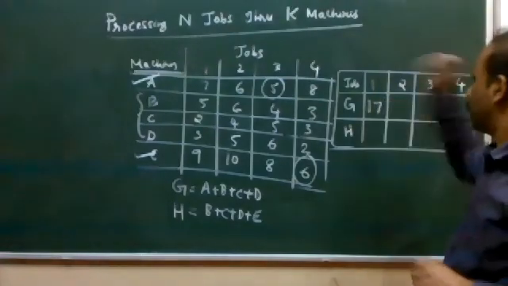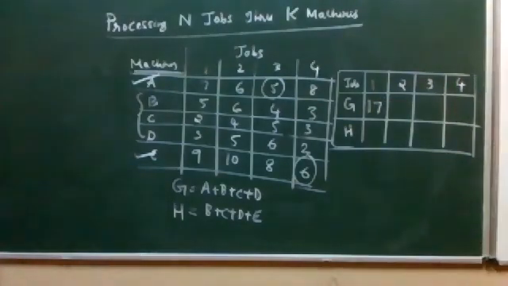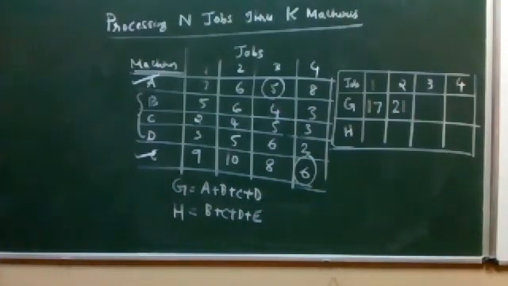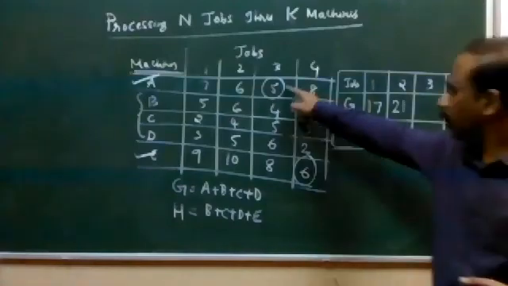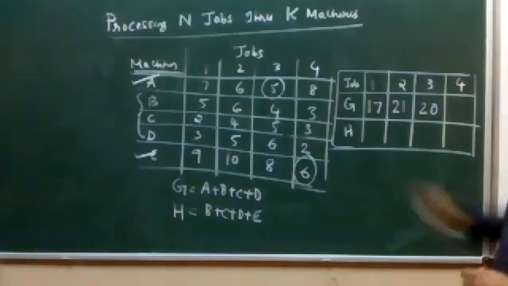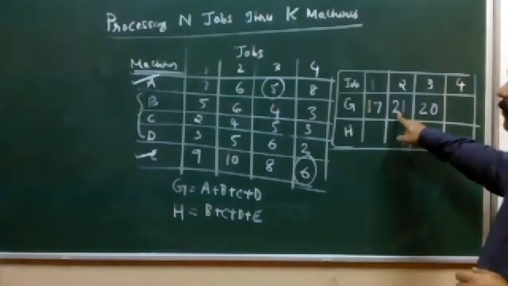We'll get 17. Now, can you please tell me the second value? 21. Okay. Third value? 5 plus 4 plus 10.